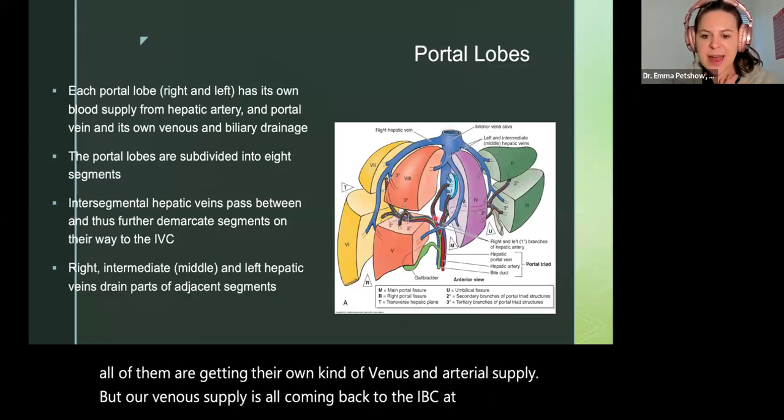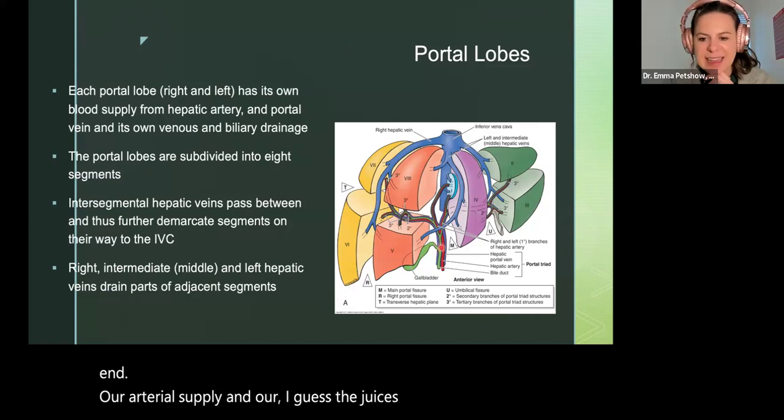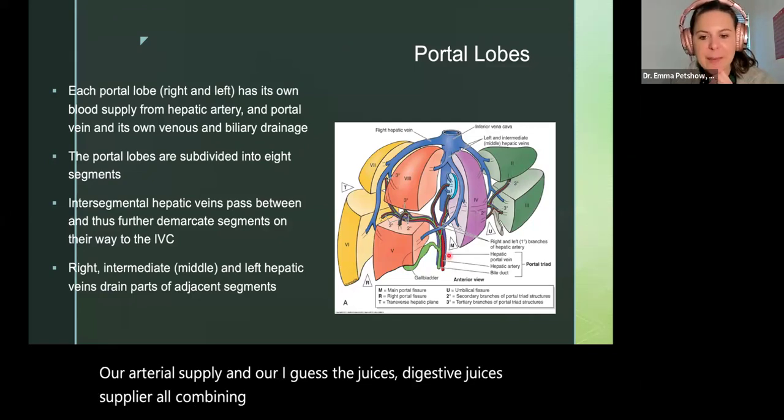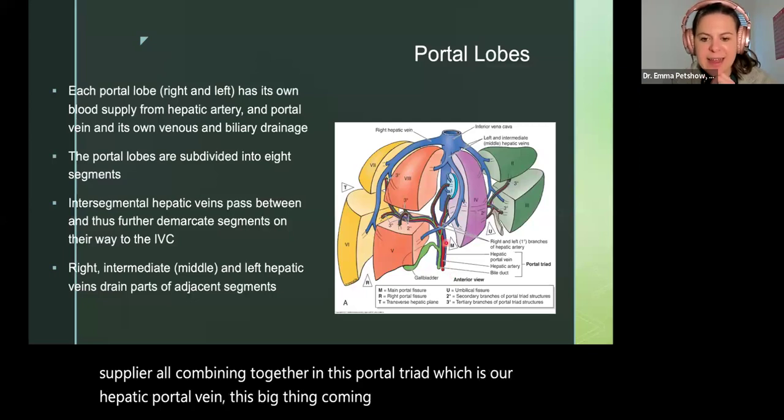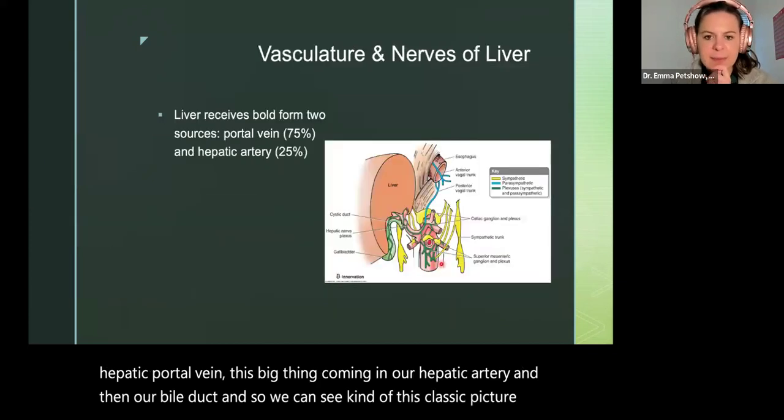Our arterial supply and, I guess, the digestive juices supply are all combining together in this portal triad, which is our hepatic portal vein, this big vein coming in, our hepatic artery, and then our bile duct. And so we can see kind of this classic picture of these structures here.